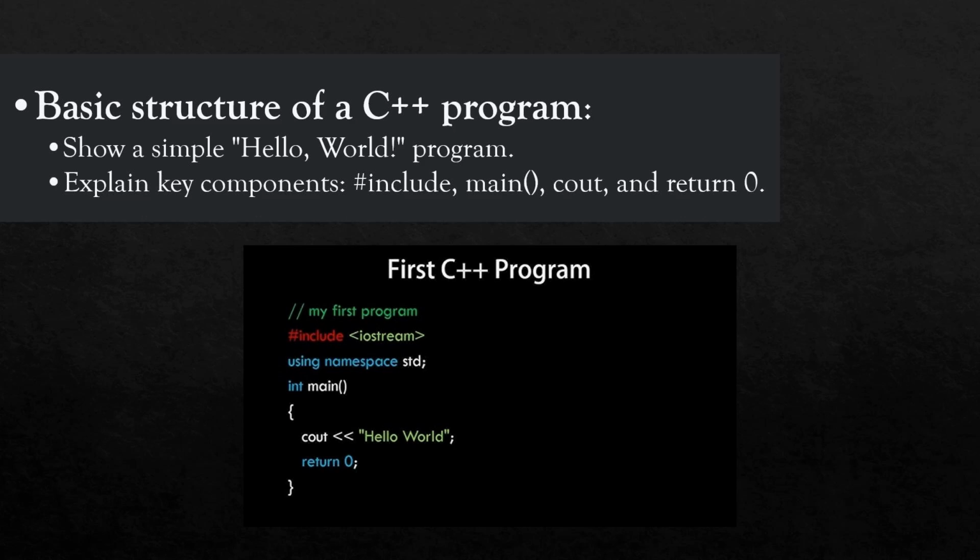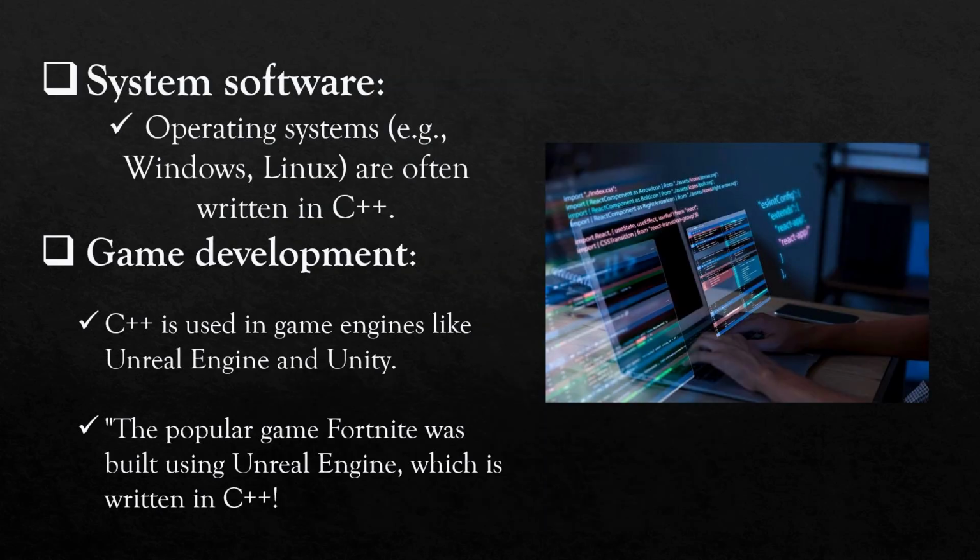So the pro tip is this: always end your statement with a semicolon in C++. It's like a period at the end of a sentence. It tells the compiler that the statement is complete. Now that you have seen a simple program, let's talk about some real-world applications of C++.